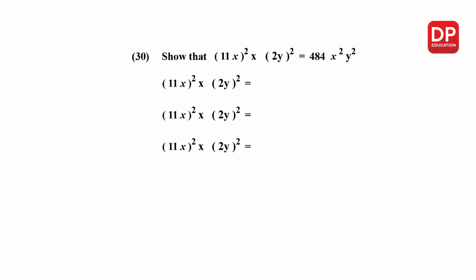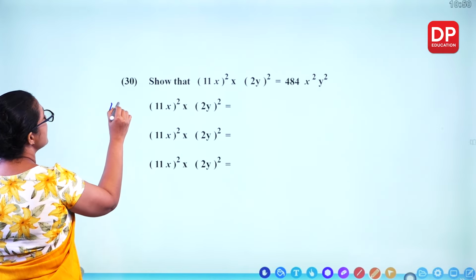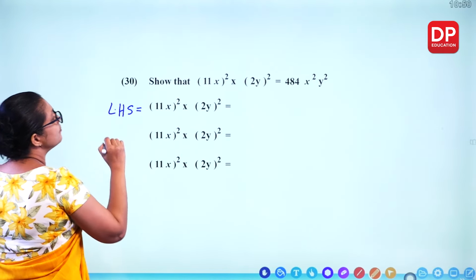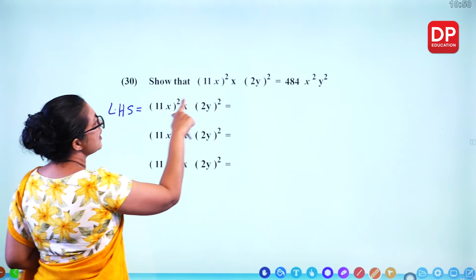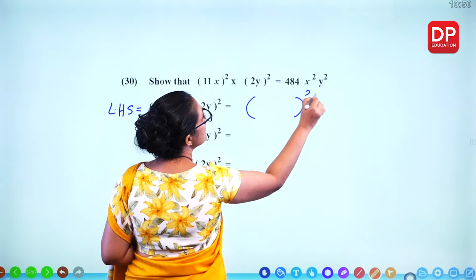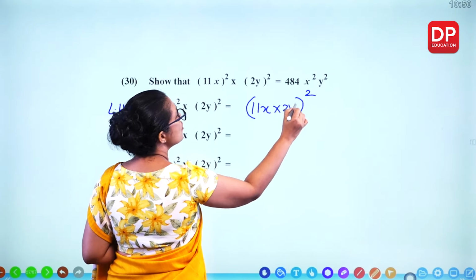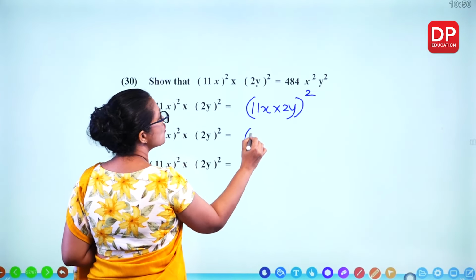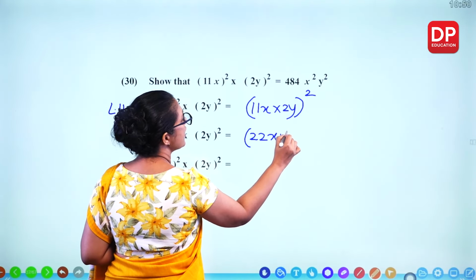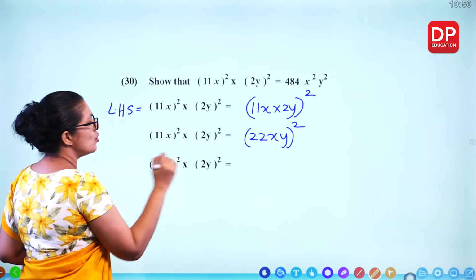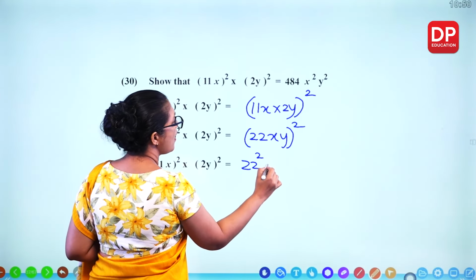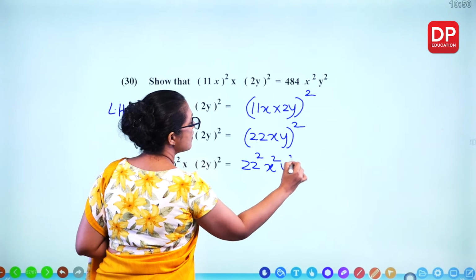Show that this one is the same as the other side. So take the left hand side. And we can see square term is common. Inside you get 11x and 2y. 11 times 2, 22xy to the power 2. So here 22 squared, x squared and y squared.